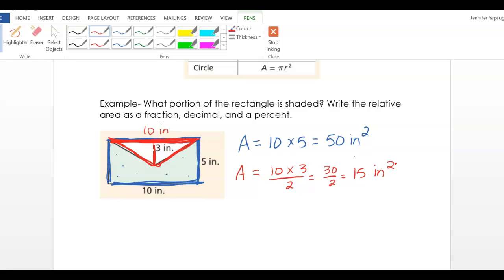In order to find the relative area, or the probability of landing somewhere in that mint green area, I need to find the portion of the rectangle that's shaded. To do that, we are going to subtract the area of the red triangle from the area of the large blue rectangle to find the shaded area, and then divide that by the total area.